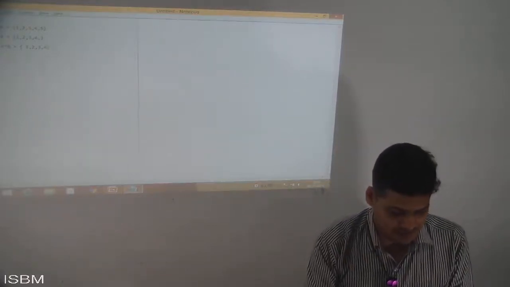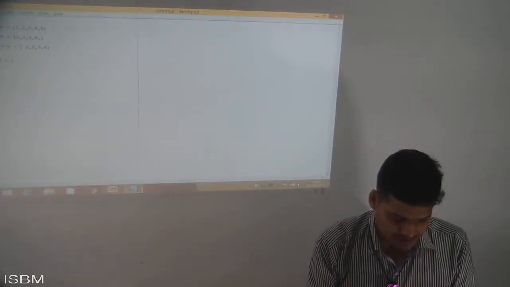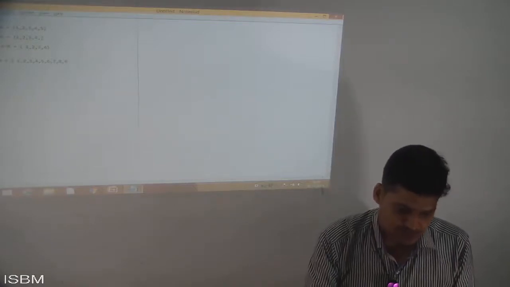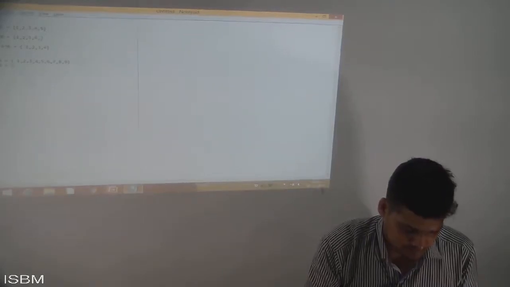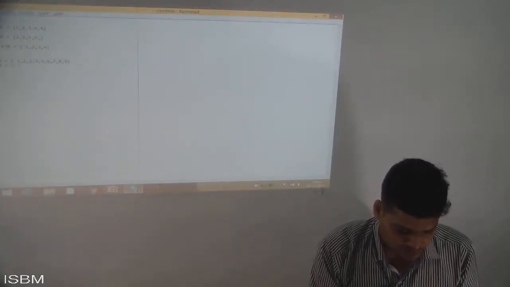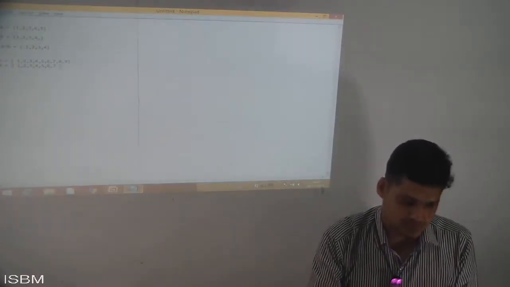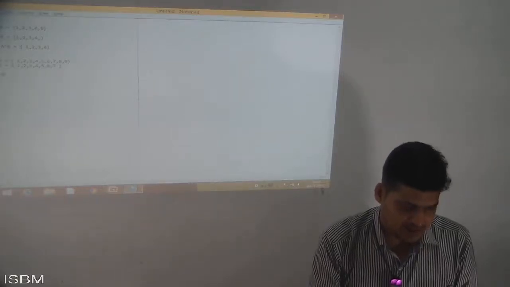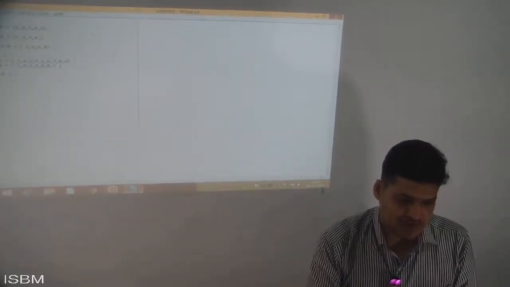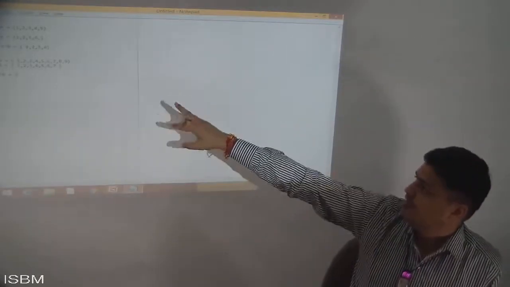Again, I will take one more example. Suppose A has 1 2 3 4 5 6 7 8 9, and B has 1 2 3 4 5 6 7. So for A intersection B, I need the common values from both.